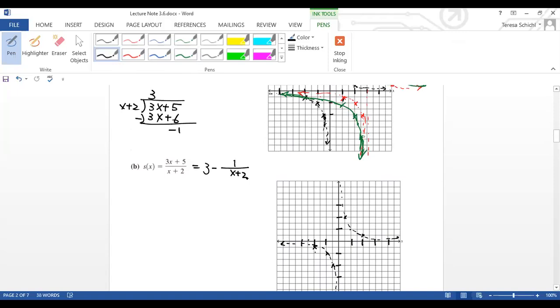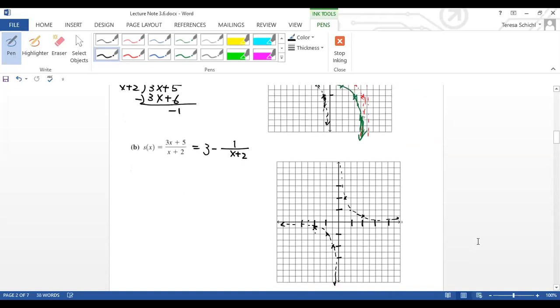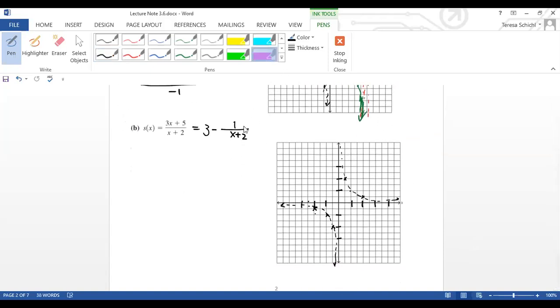Okay, so now let's use the parent function concept and see what happens here. All right, so this is my transformation here. For this transformation, this is a shift. Move to which one? Move to the left.